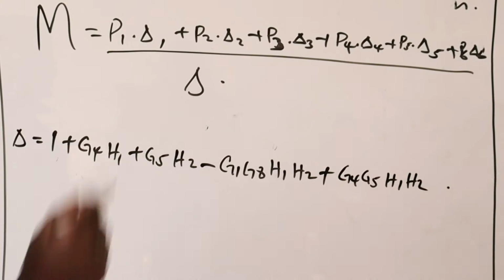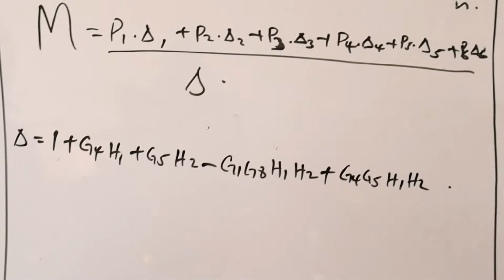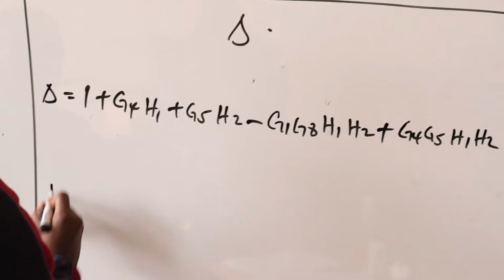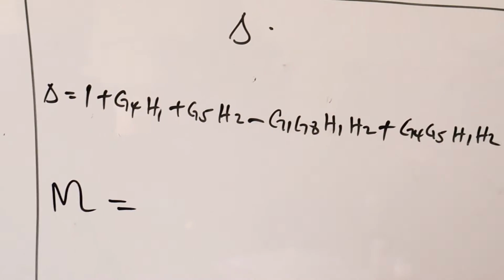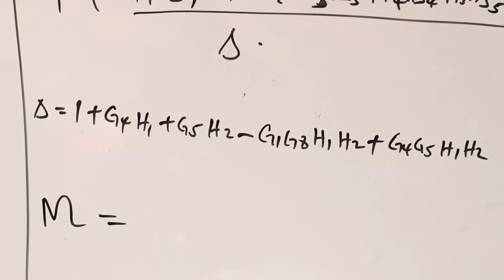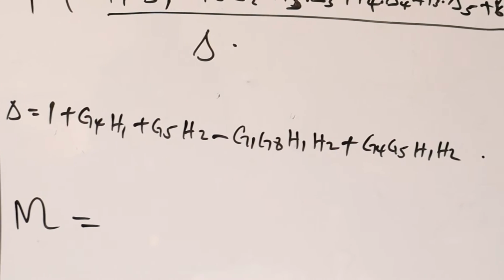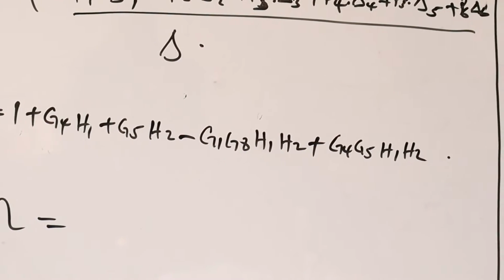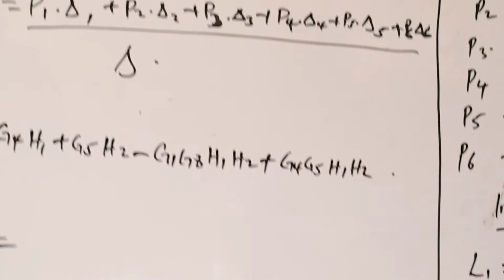Then we can get the values of the various determinants in order to get the value of M. So our M now is going to be given by all this that we have here, and we combine them.